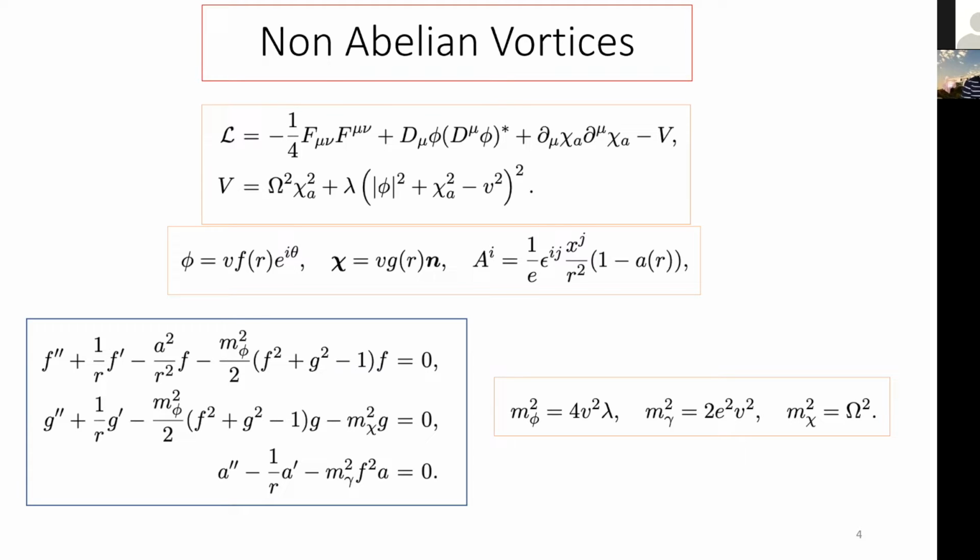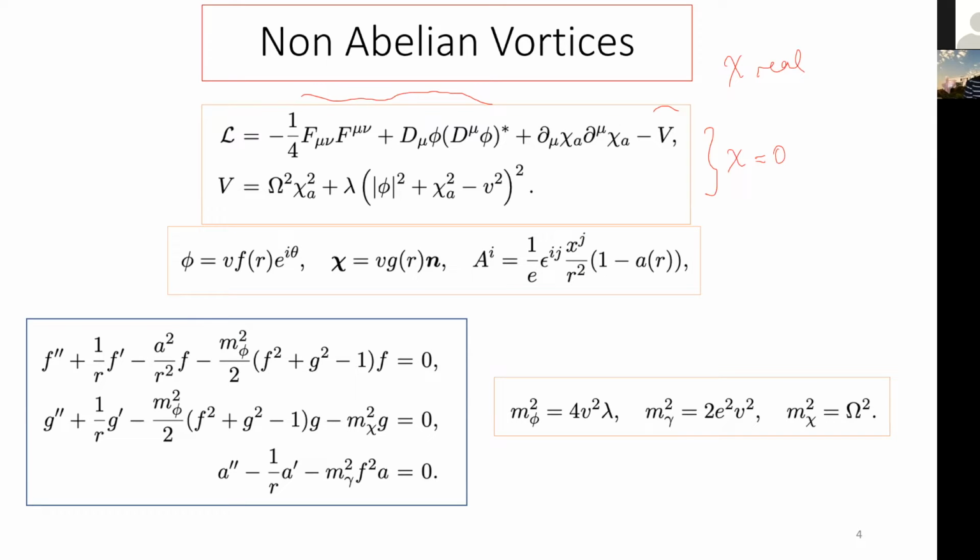Basically, the abelian-Higgs model is obtained from this model by setting chi equal to 0. If I put chi equal to 0 here, you'll see that this model reduces to the standard Ginzburg-Landau abelian-Higgs model with a quartic potential. And you'll see that we have an additional ingredient here, which is chi, and this chi is a real field.